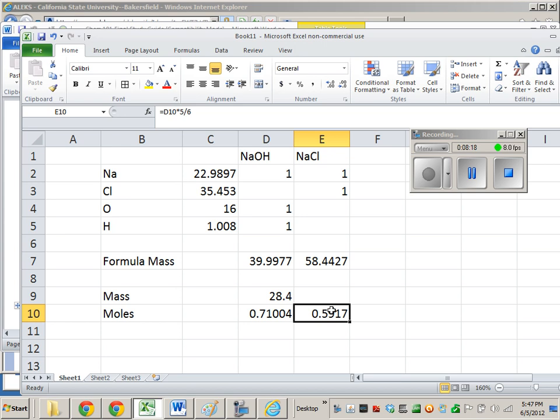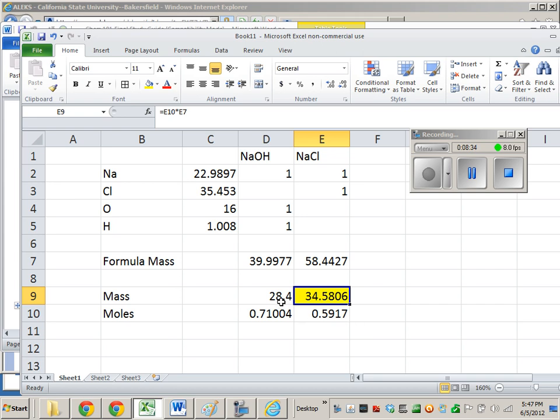Then I can multiply moles by formula mass to get the mass in grams. So this is the answer, 34.5806.